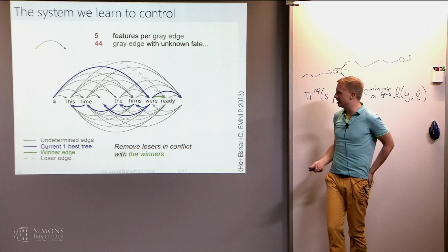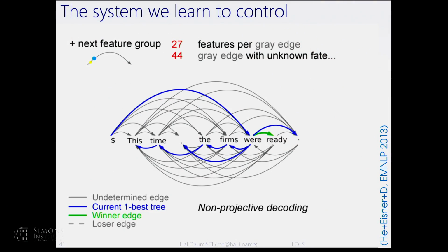Then we run our parser again. It produces a different tree. We lock some of the edges, we lock some more of the edges, and when every edge is determined, or when we've exhausted all of the features, we stop.